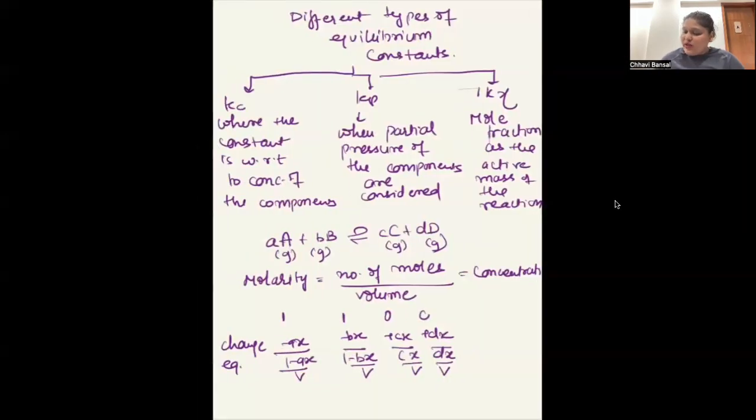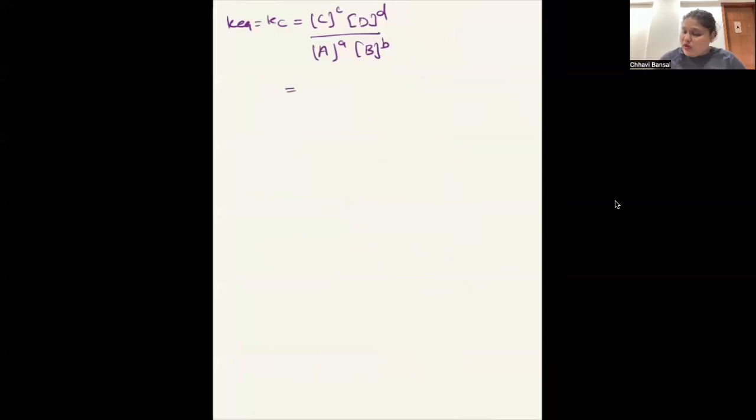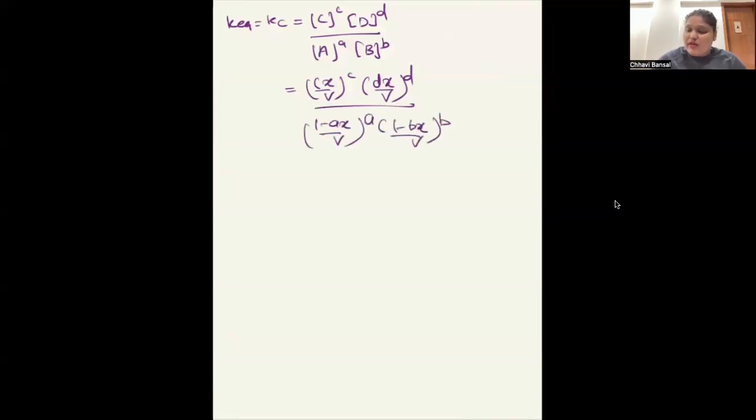Now K equilibrium will be called Kc, which is the concentration of C raised to the power c, concentration of D raised to the power d, divided by the concentration of A raised to the power a and the concentration of B raised to the power b. We can substitute these values: cX upon V raised to the power c, dX upon V raised to the power d, 1 minus aX upon V raised to the power a, and 1 minus bX upon V raised to the power b.